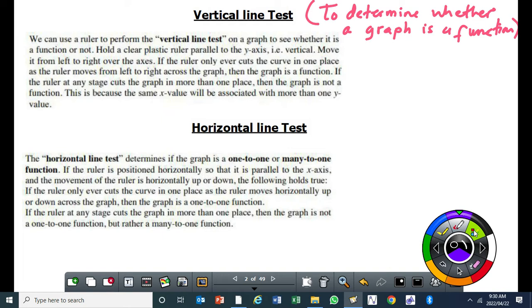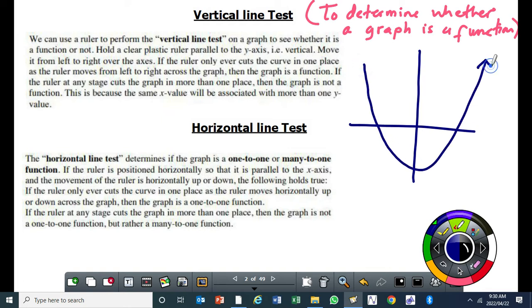So, with the vertical line test, if I draw a simple quadratic function like this, don't worry about its equation, we can just call it f of x.